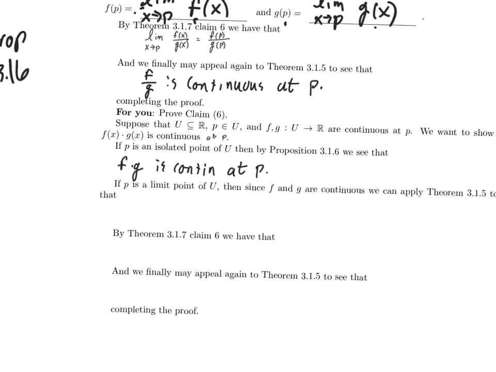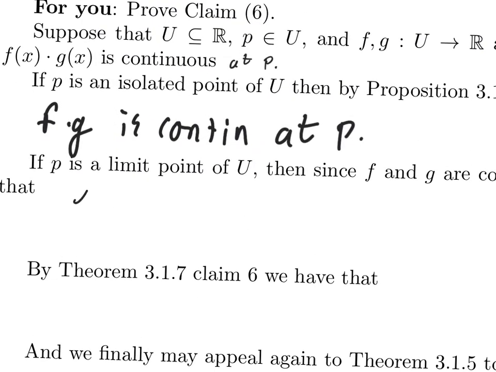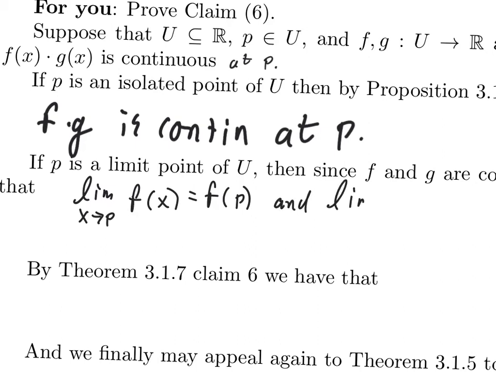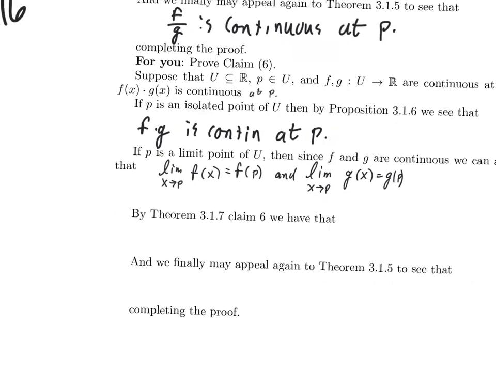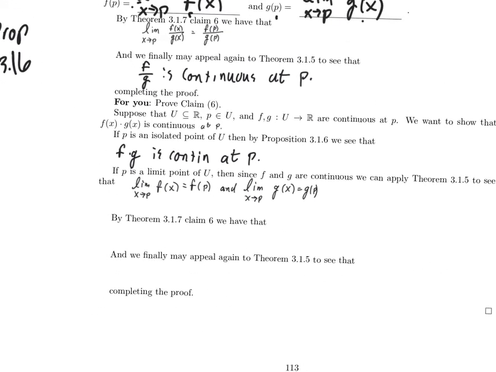If P is a limit point, then since F and G are both continuous, I know that the limit as x approaches P of f of x is equal to f of P, and the limit as x approaches P of g of x is equal to g of P. Because continuity is equivalent to the limit being given by plugging in.